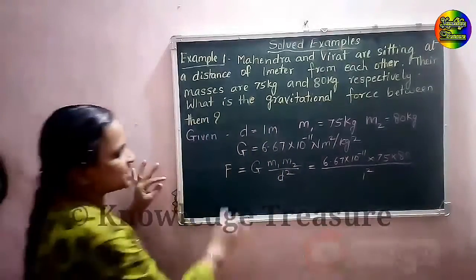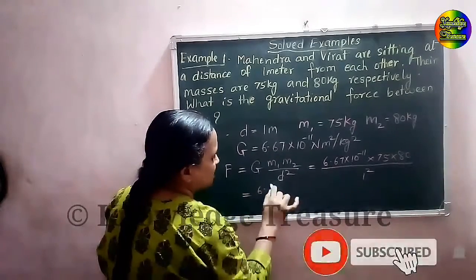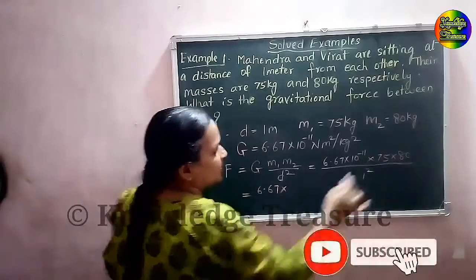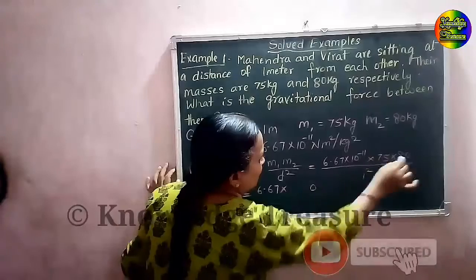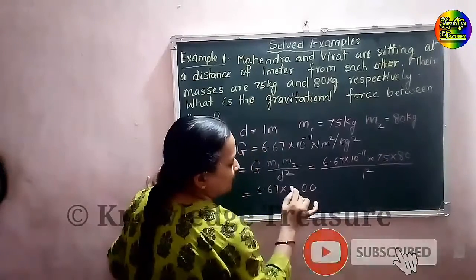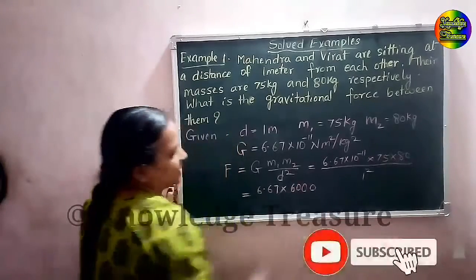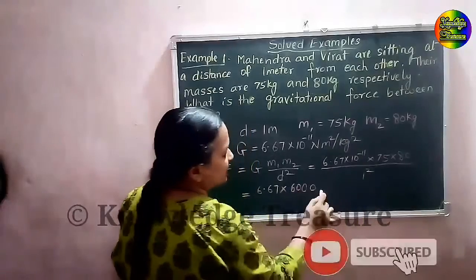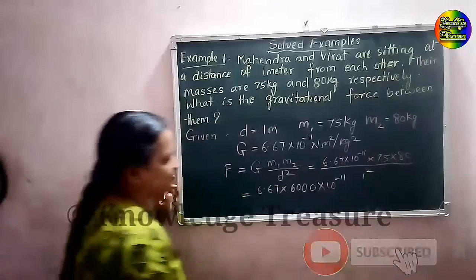By simplifying this equation, what are you getting? 6.67 into 75 into 80. 75 into 80 is nothing but 6,000, into 10 power minus 11.